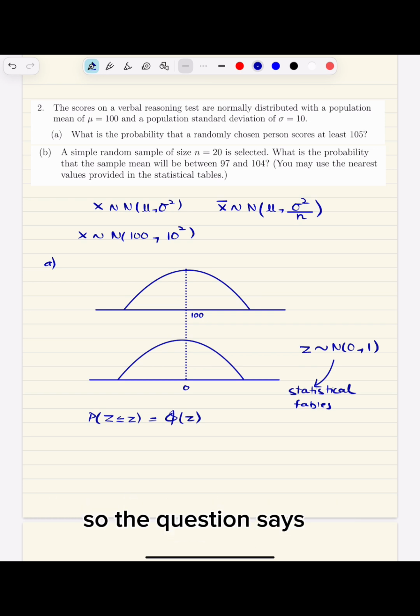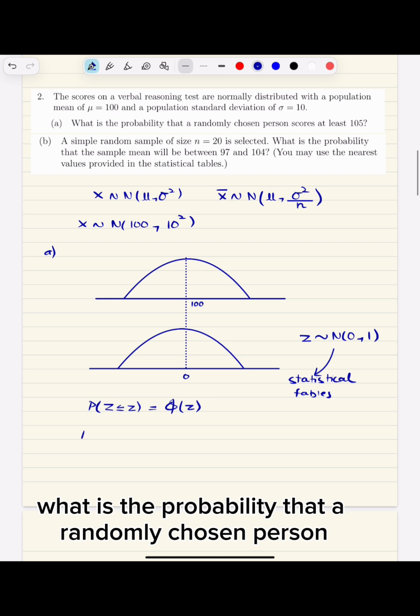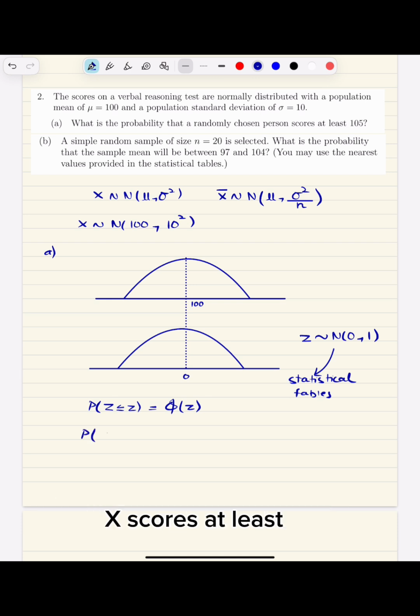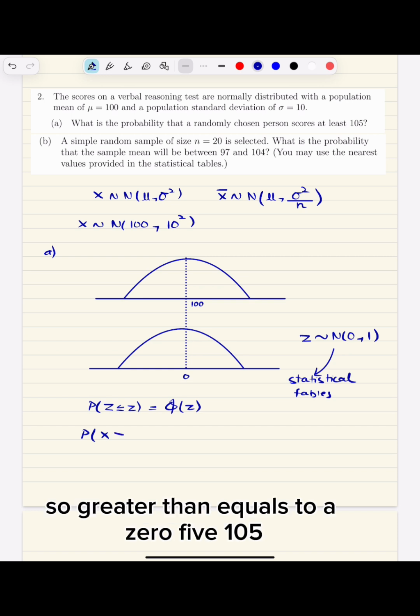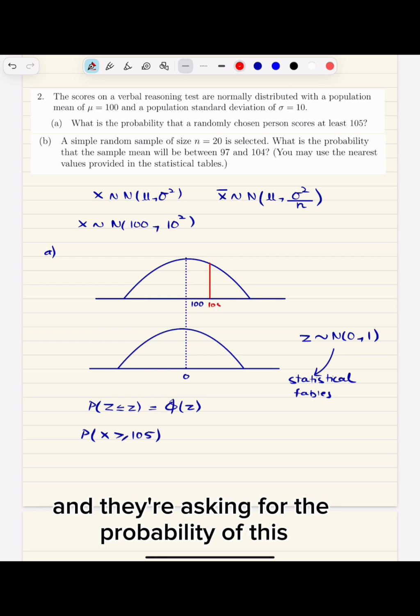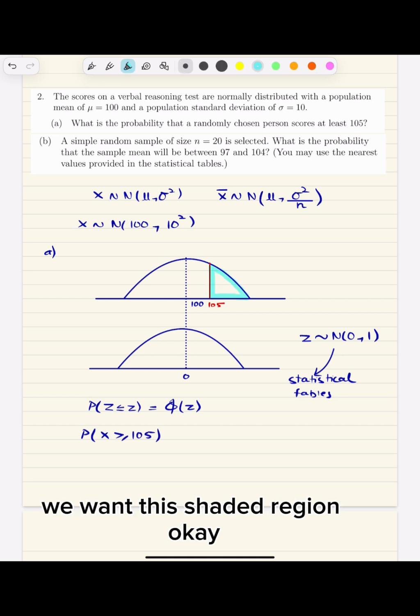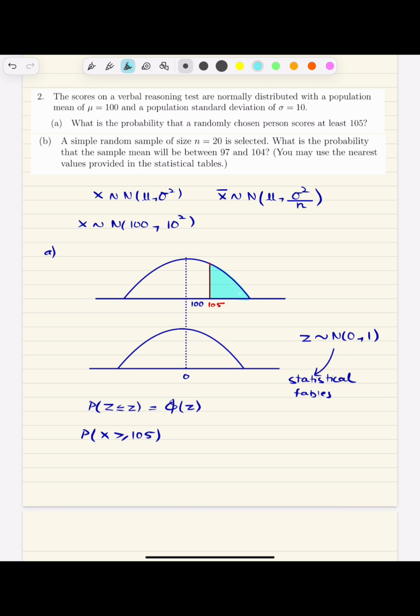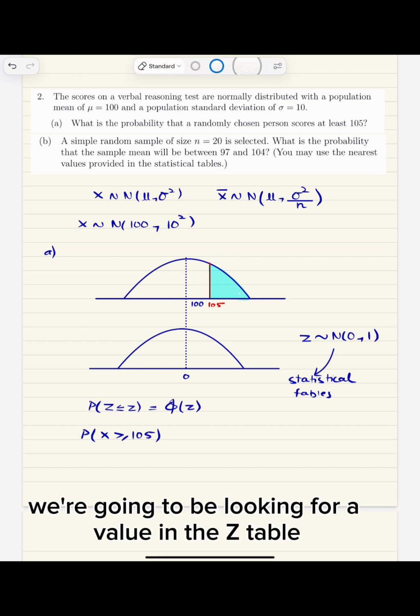The question asks for the probability that a randomly chosen person x scores at least, so greater than or equal to, 105. We can see 105 lies over here, and we want this shaded region. We'll be looking for a value in the z table.